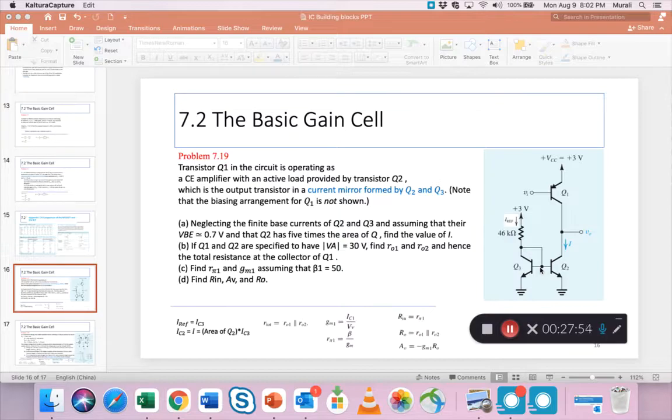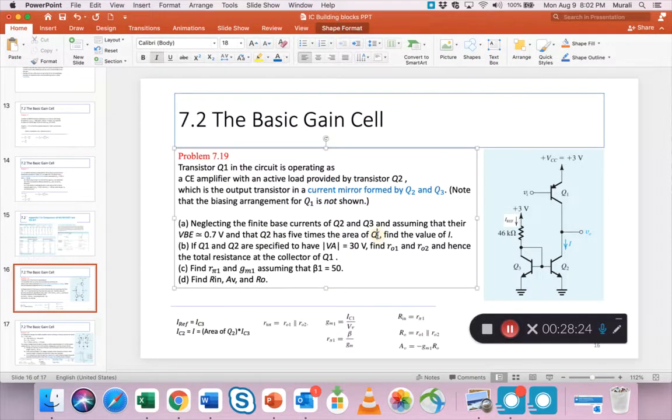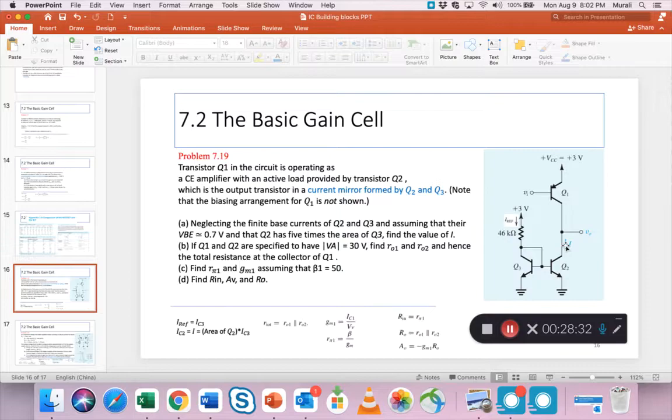For FETs, MOSFETs, the gate current is always zero, but for BJTs, the base current is not zero. There is a small value. But neglecting that, and assume that the VBE voltage drop, which is a diode drop, right, base to emitter in both cases, is 0.7, and that Q2 has 5 times the area of Q3. I think I missed that, but I should probably write Q3. Find the value of I. So this is what we need to find.